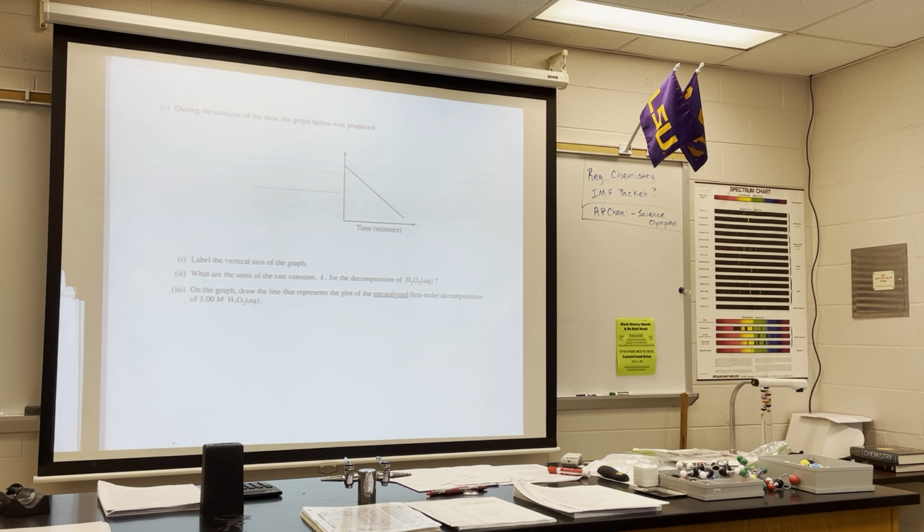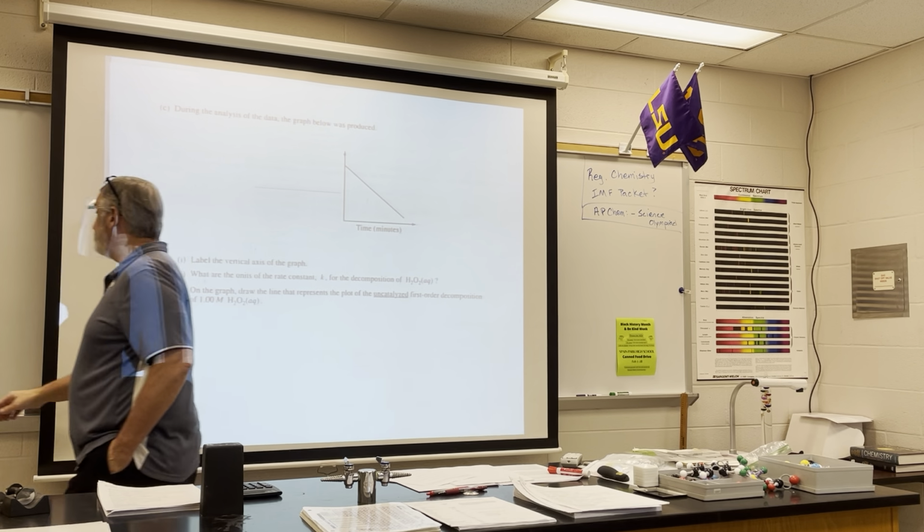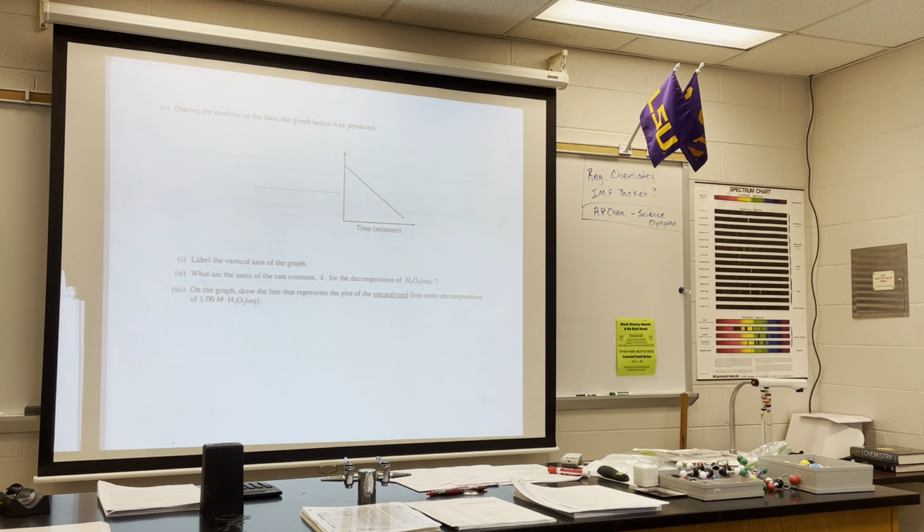So what are the units for the rate constant, k? If it's first order, what are the units for the rate law constant? When you can't remember, go back to the differential rate law, because the math's easier. Rate is equal to k times H2O2 to the first.